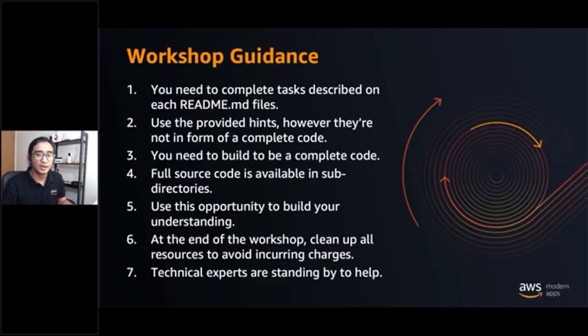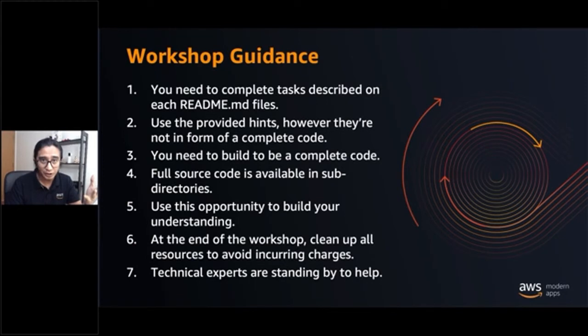Okay, so now we know how to use Amazon EventBridge. Okay, so then let's head to our lab. Here are a few guidance to help you work on the workshop. Once you get all the source code, you need to complete tasks described in each readme.md file. You are encouraged to use the provided hints, and you are expected to build the complete code, both the infrastructure using AWS CDK and the software.